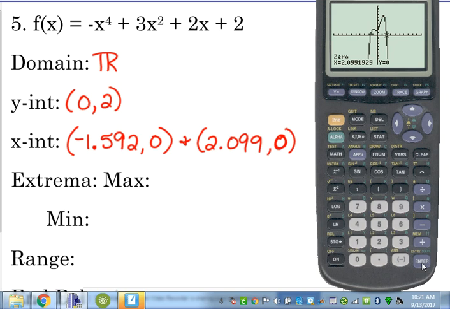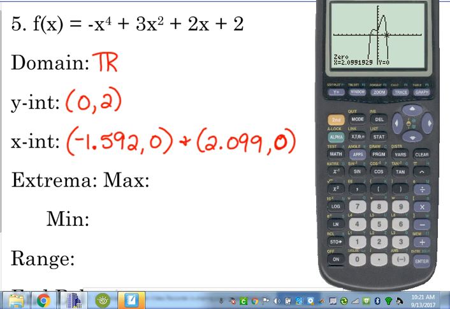I don't know what I did differently this time than earlier this morning because I had the E when I did it in first period. Sometimes it'll give you 0, sometimes it'll give you that other approximation. But if you're talking about the x-intercept, the y value is automatically 0. But do make sure that the cursor is in the right spot. Make sure that it is showing you the point there on the x-axis.